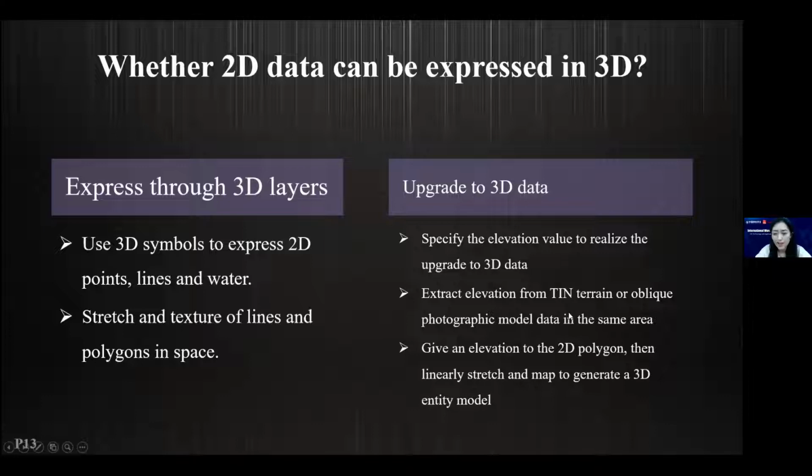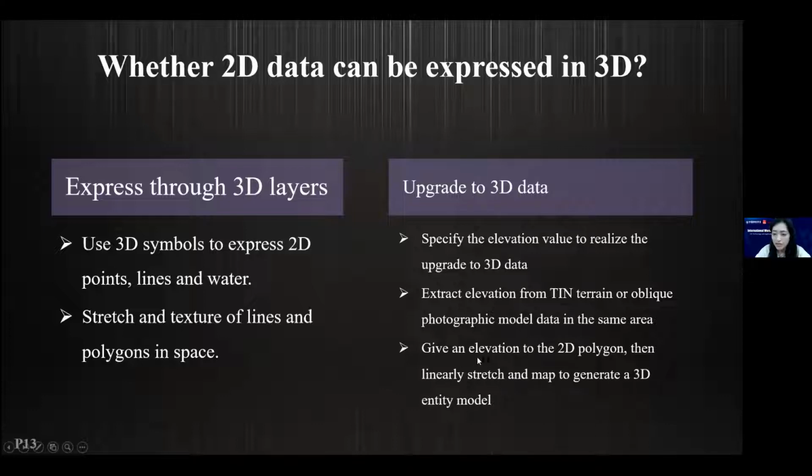If we have TIN terrain data or oblique photographic model data, we could extract its elevation in the same area. If we give the elevation to the 2D polygon, and then linearly stretch and map it, we generate a 3D intensity model.